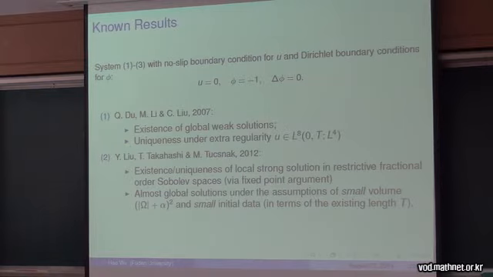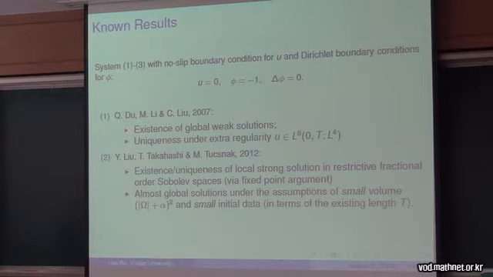So before we present our main results, let me recall some known results for that system. Some results have been obtained in the literature for the following Dirichlet boundary condition. They consider a no-slip boundary for the fluid, and a non-homogeneous Dirichlet boundary for the phase field, and this one is just imposed to make the compatibility.